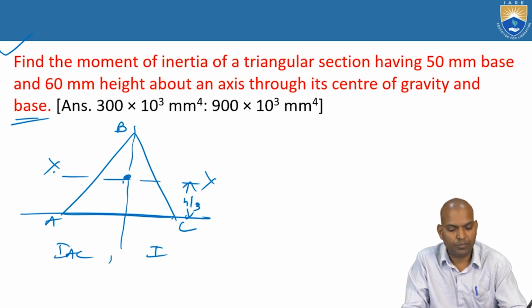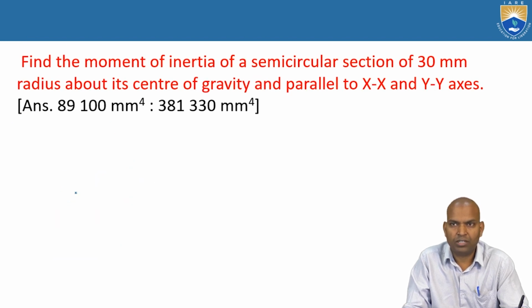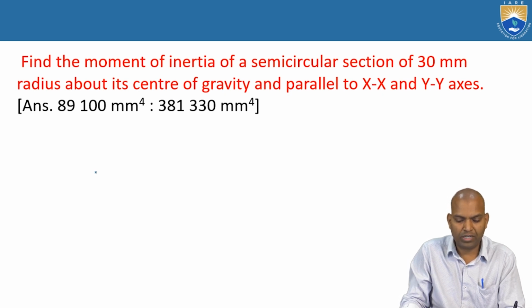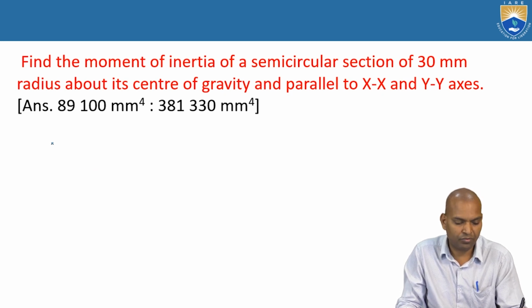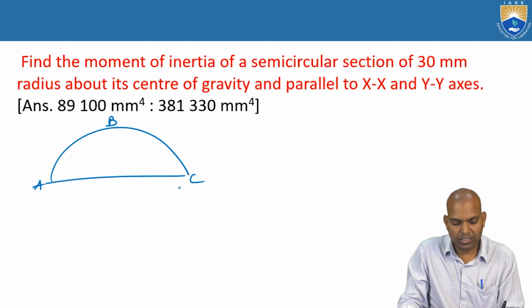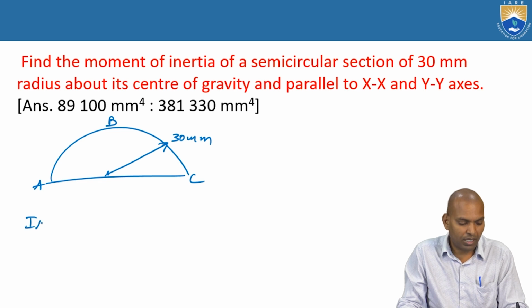Like that, this one also is a semicircular section. Whatever we just calculated, parallel to XX and parallel to YY, for the semicircular section ABC, what is the diameter here? The section has a radius given as 30 millimeters. What about IAC?